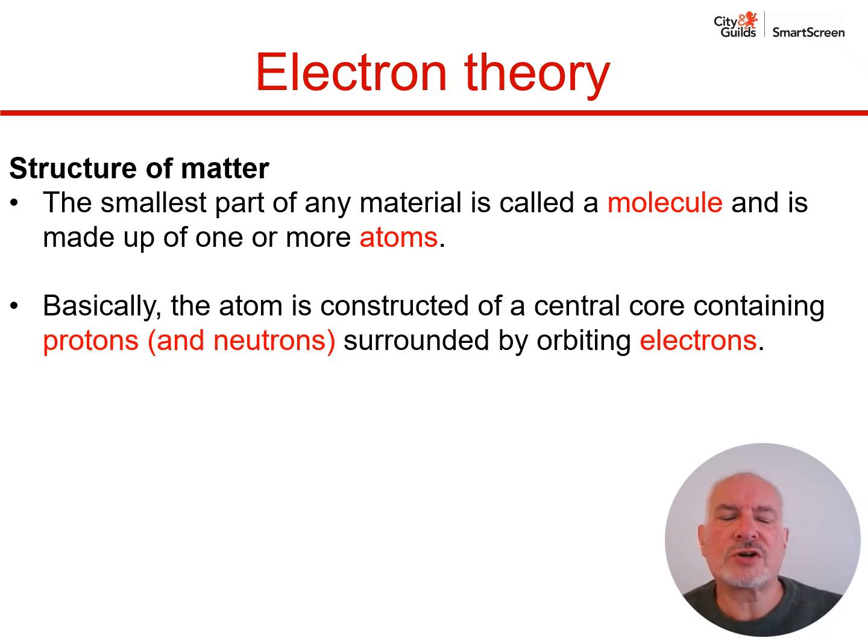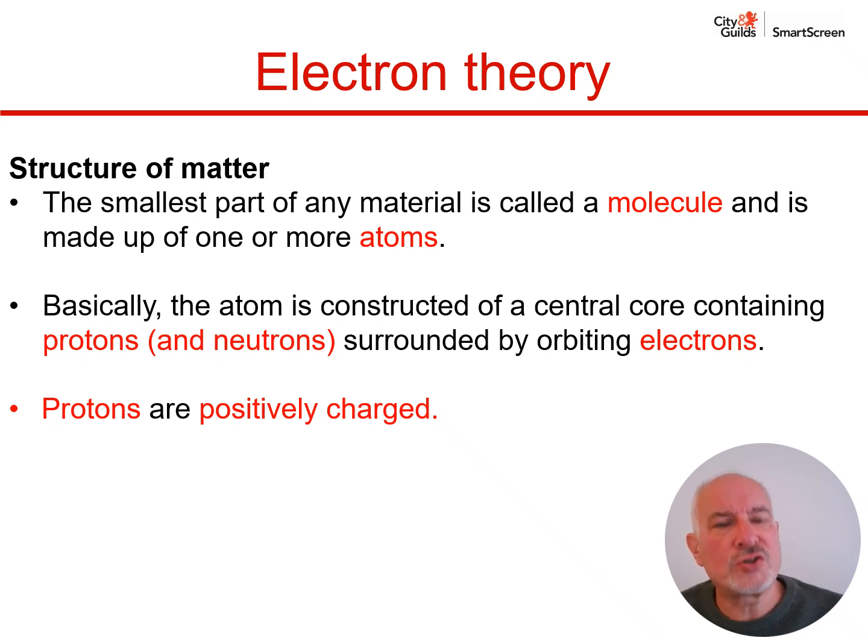Basically, an atom is constructed of a central core containing two kinds of particles, protons and neutrons. And surrounding the core, there is another type of particle, referred to as electrons. Protons are positively charged, so they carry a very tiny electrical charge that we identify as a positive charge.